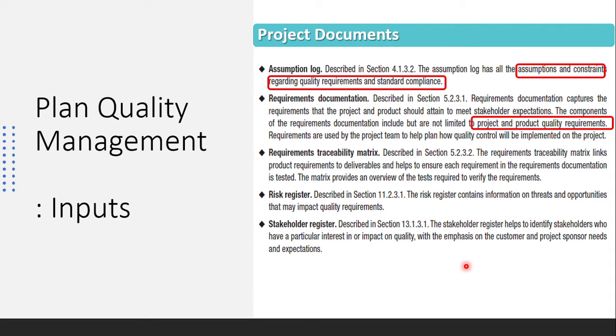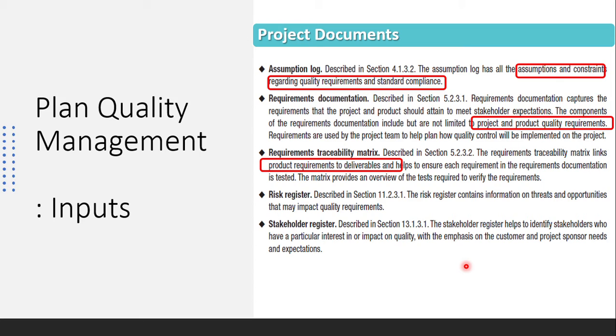Then, as I told you, the requirement documentation will also give you the product quality requirements required by your stakeholders. The requirement traceability matrix will also give you traceability, showing who has requested this level of standards.